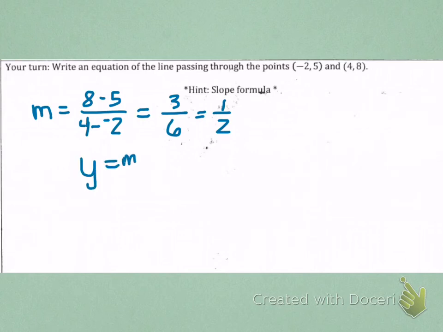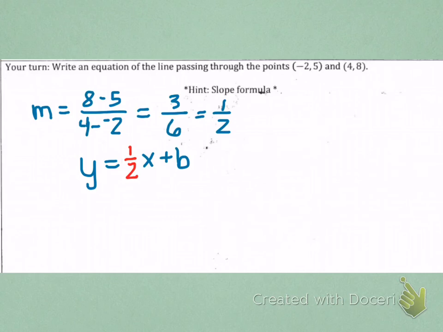So when I think about my equation form, y equals mx plus b, I can take 1/2 and substitute that in for the slope. Then I'm going to choose one of the points that they give me and plug in the x and y values to find b. I can use either point.